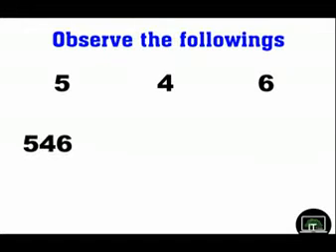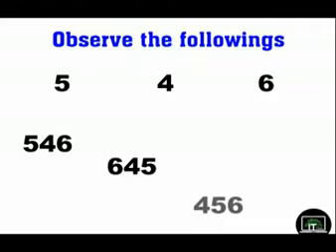Now look at the following. This is 5. This is 4. This is 6. If you take these individually, there is no big meaning. But now, this is called 546. This is called 645. This is called 456.